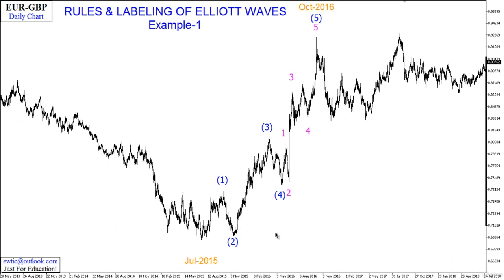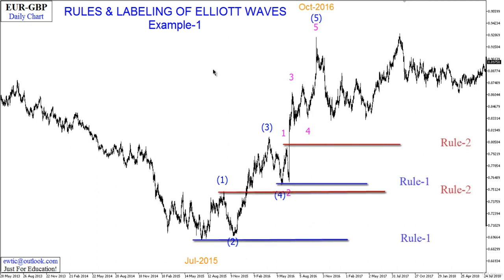Since this is the example we had a look upon, this is wave 1, 2, 3, 4, 1, 2, 3, 4, 5 for the Euro Pound daily chart. Let's see if the 3 rules of Elliott apply here or not. This is the length of wave 1, blue bracketed wave 1, and this is the length of wave 3.